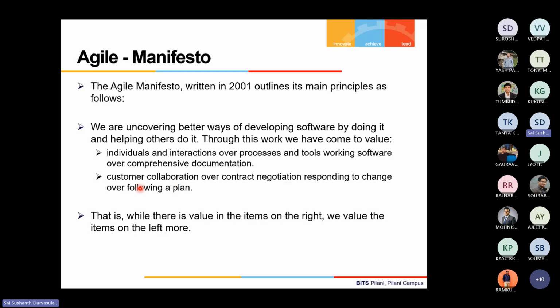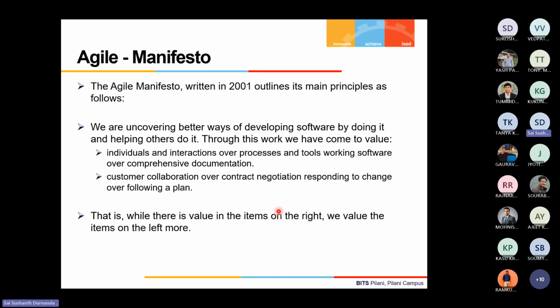Whereas here, Agile says we want to be collaborating more with the customer and accept and embrace the changing requirements, because now we are making the whole software development cycle lightweight, having the iterations, and so even if requirements do change, we will be able to accommodate, right? So that way, this is given more focus.